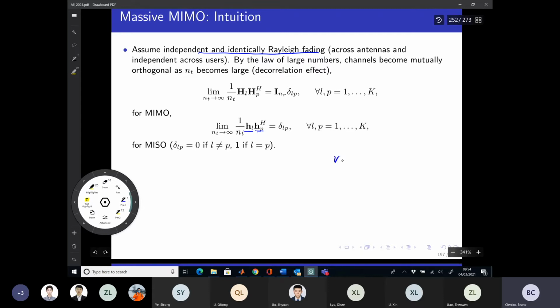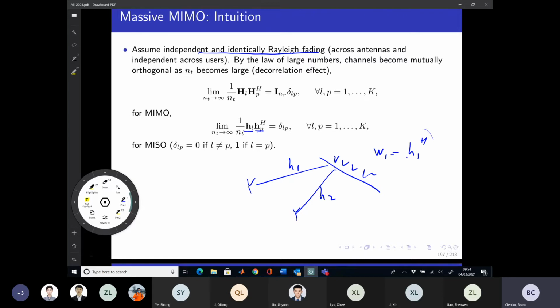So if I have lots of antennas here, and I have the channel of user 1 and the channel of user 2, and I decide to have W1 equal to H1 Hermitian, then H1 Hermitian multiplied by H1 is good. I will maximize the SNR of user 1. But for the stream of user 1, at user 2 I will have H1 Hermitian multiplied by H2.